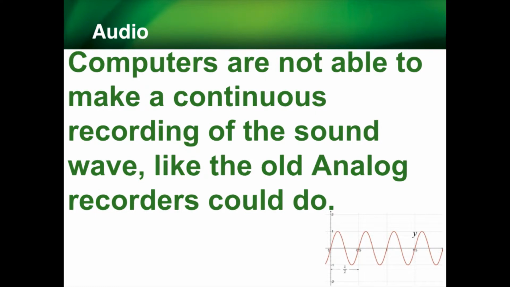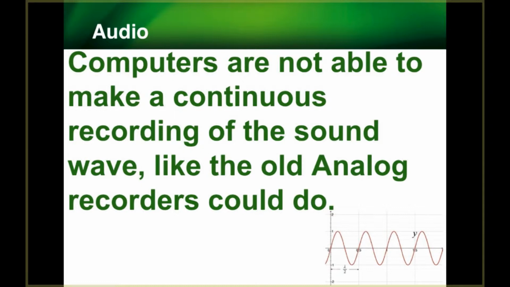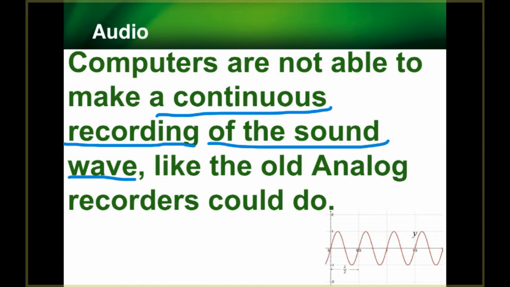Well, if we're working in digital, that means we're working with computers. And computers are not designed to make continuous recordings of just about anything, let alone of sounds or a sound wave. Analog recorders could do this.